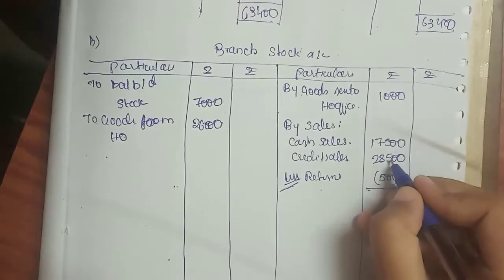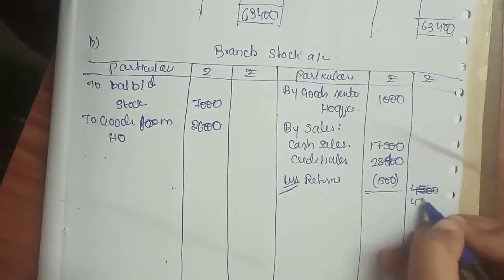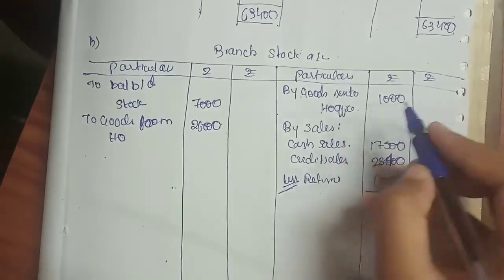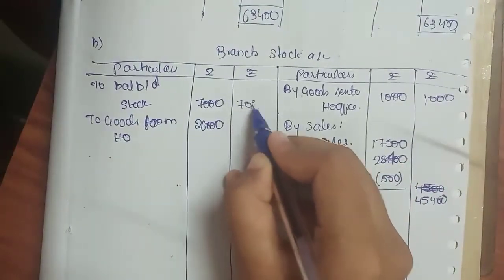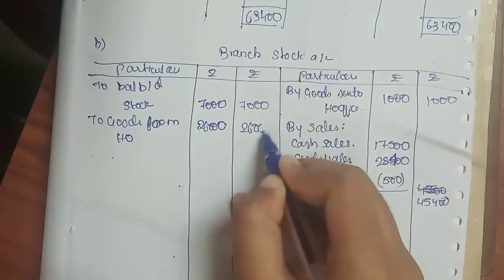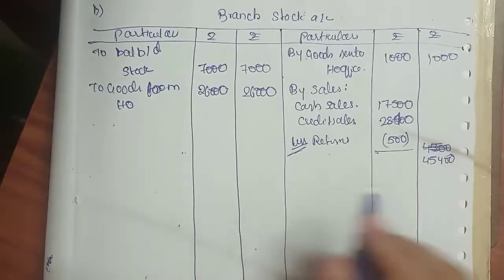Sorry, this is 28,400. So here you get 45,400 and write this in the outer column. Why? Because we don't have any other information, and certainly we don't need any double columns like this.